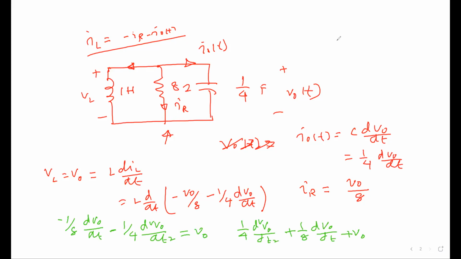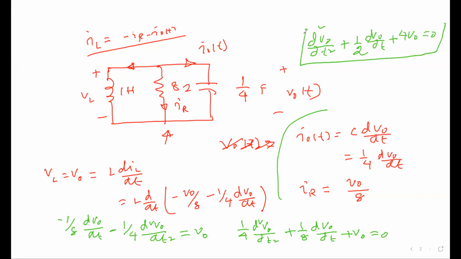Or you can again write it in this way: d2V0 by dt2, if we multiply it by 4, then it will be equal to plus half dV0 by dt plus 4V0 equal to 0, isn't it? Yes, sir. So this is a second order ODE.